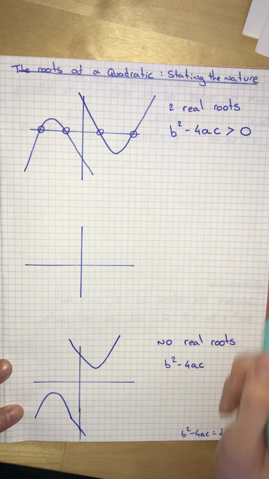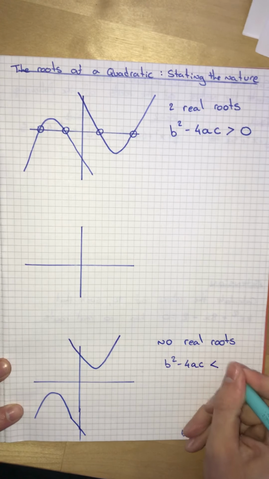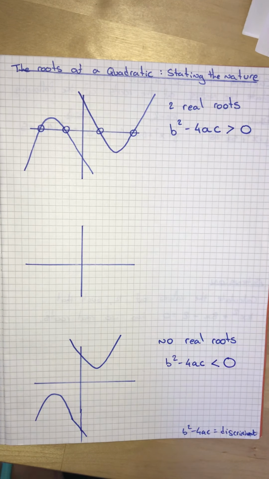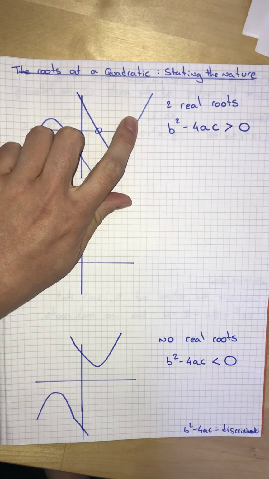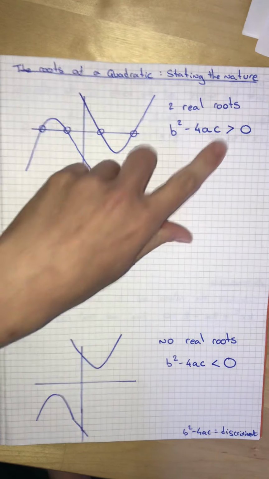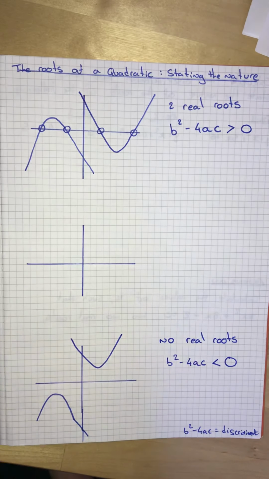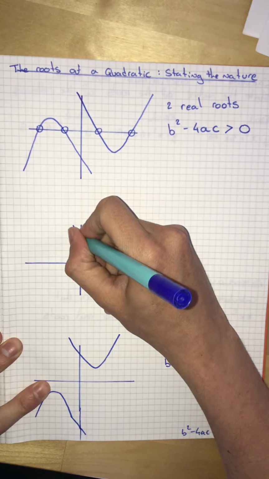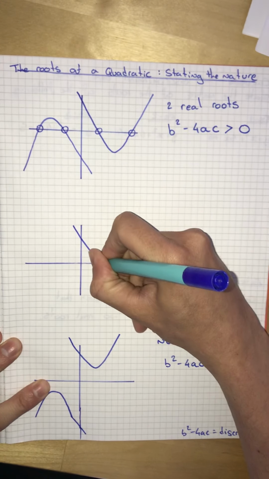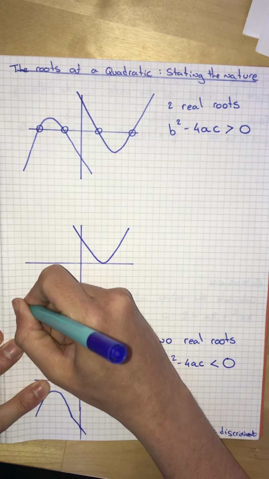Instead of being greater than 0, it's going to be less than 0. Okay? So we had one with two real roots, and we had one with no real roots. This one was greater than 0, this one was less than 0. So what's in the middle? And it's something that touches the x-axis, like that.